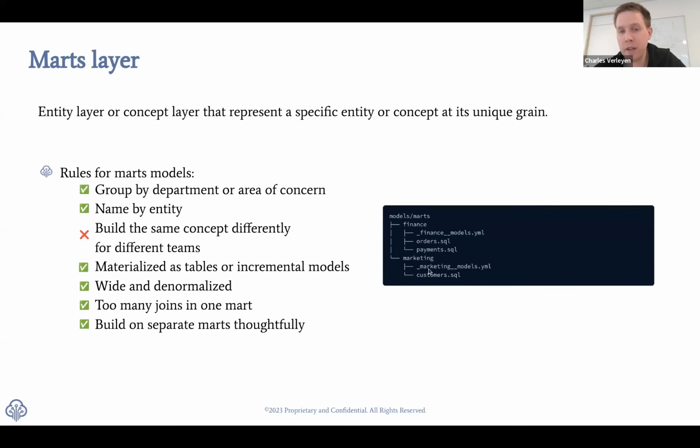So if marketing needs, for instance, revenue or finance data, it would just take it from the finance data product that has exposed it and use it, but it shouldn't rebuild it. So between the different marts, and even between any kind of models, you can join and use data from other models.